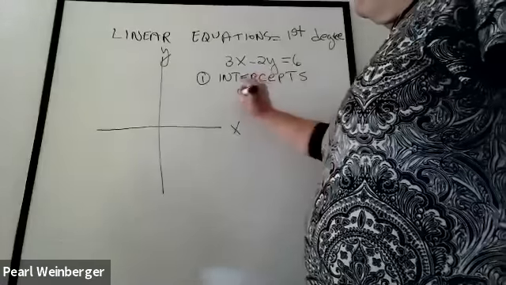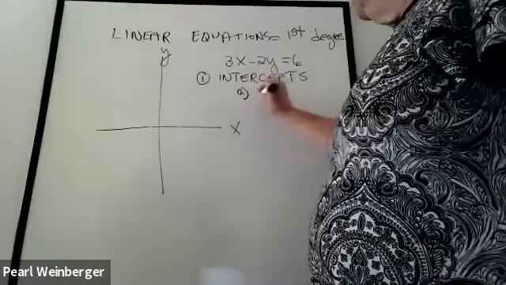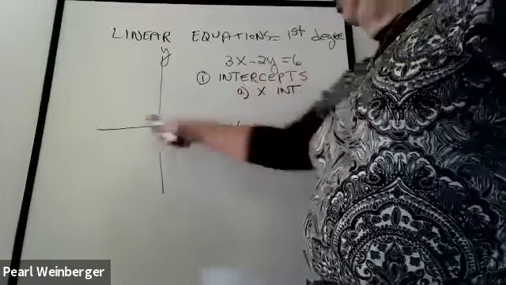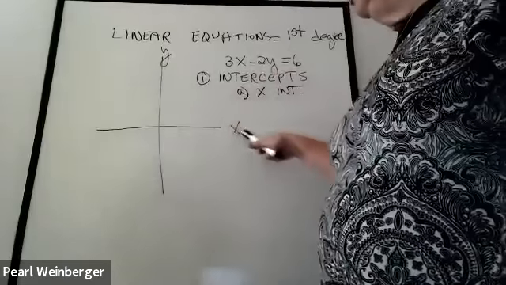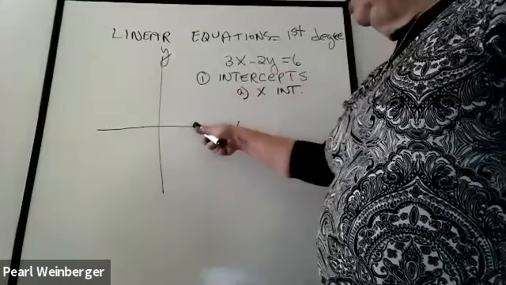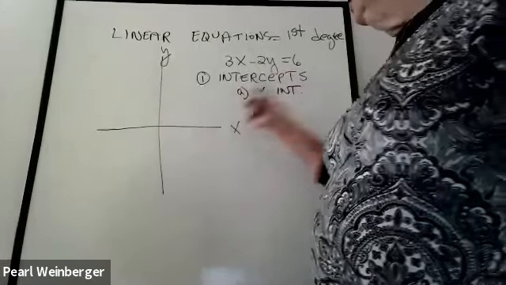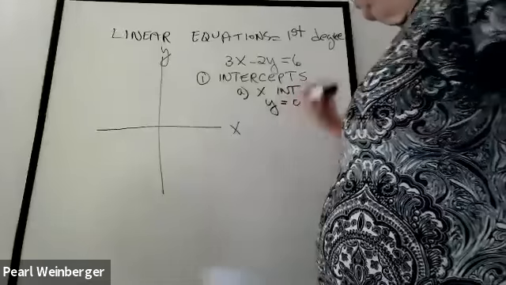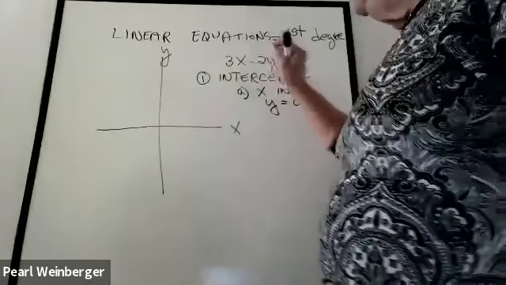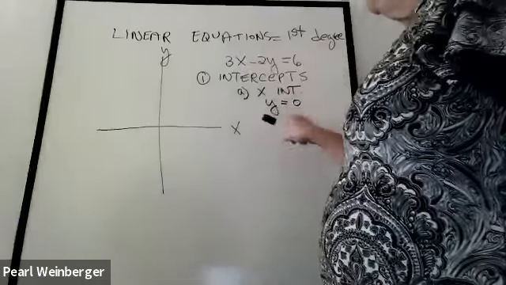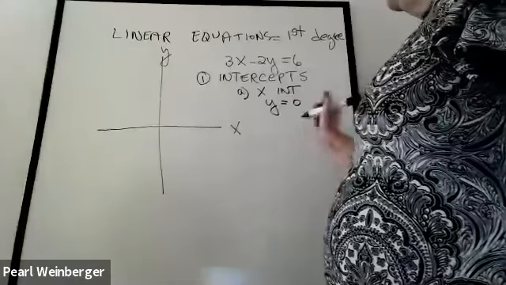Well, if I want to find the x-intercept, in other words, where the line is going to cross the x-axis, I know that if it's going to be on the x-axis, the y value has to be equal to 0. So I take my equation and I replace the y with 0.